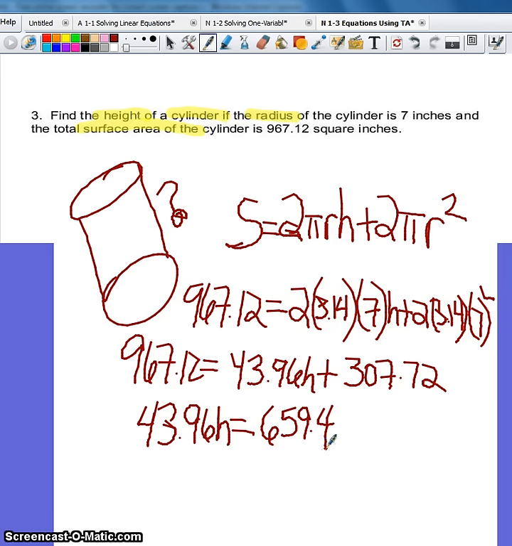So now I need to divide both sides by 43.96, and I'm going to get that my height is equal to 15 inches.